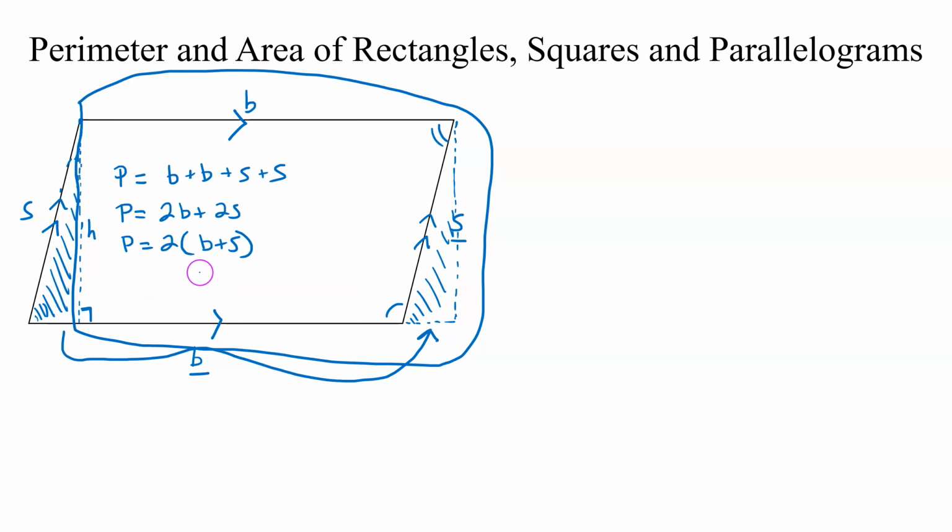This is a rectangle. The rectangle's formula for area was length times width. Our length is our base, and our width is our height. So for a parallelogram, the area is base times height. And you want to be careful that you're not confusing height with side.